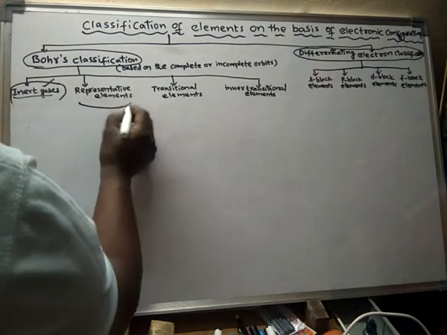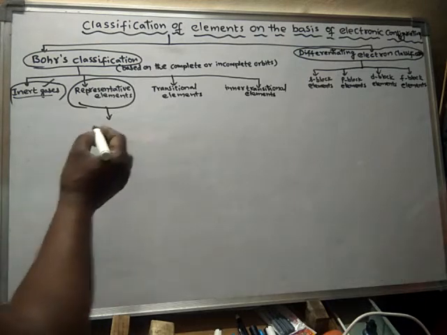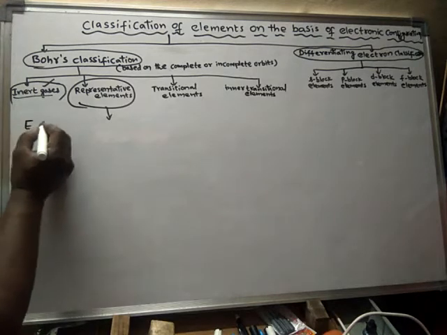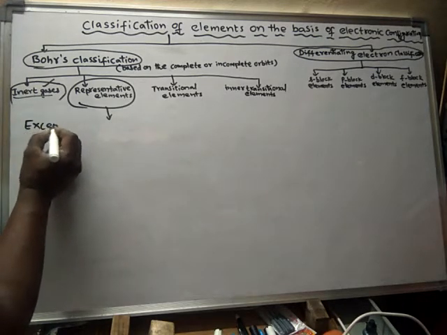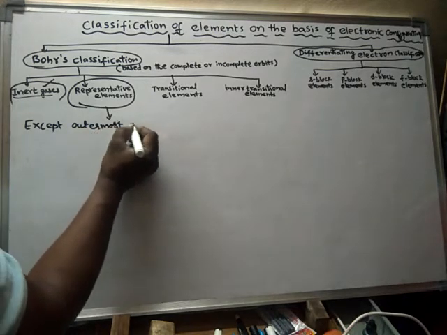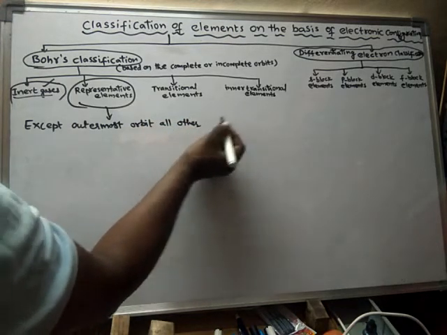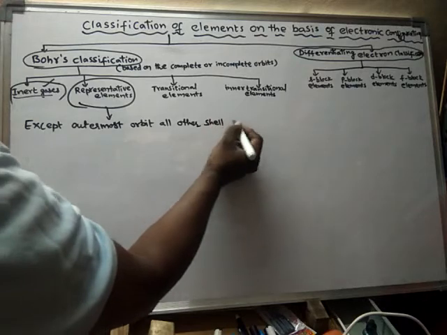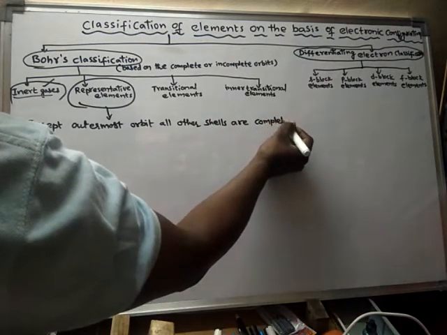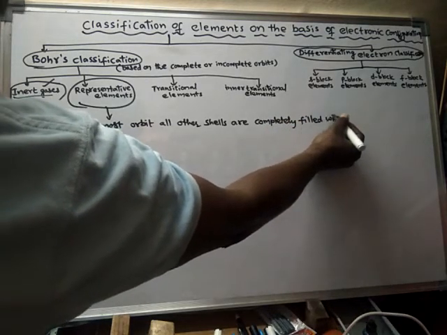Representative elements. What are representative elements? In these elements, except the outermost orbit, all other shells are completely filled with electrons.